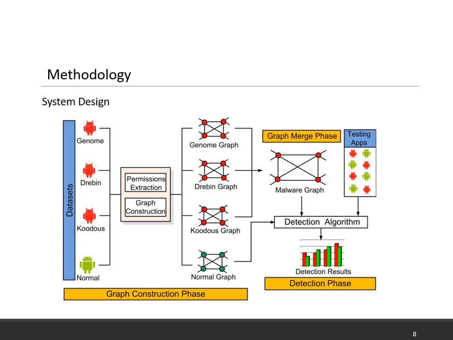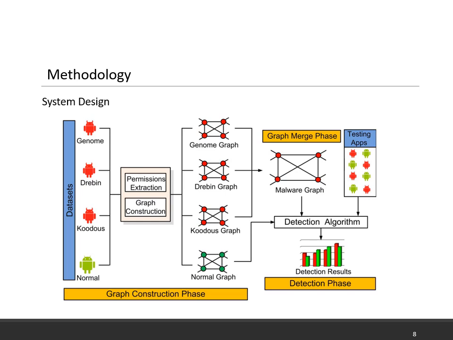The next step, the second step, is the graph merge phase. With the merging of all malicious graphs into a single malicious graph, we have a model of malicious software.